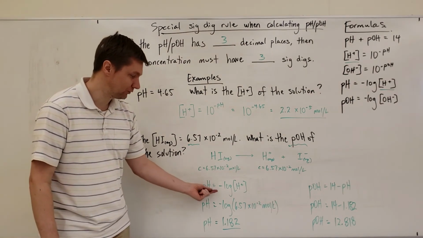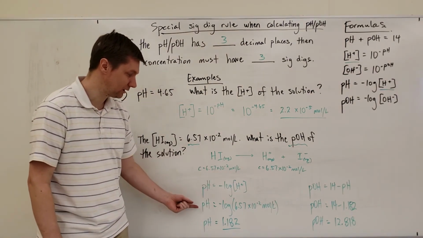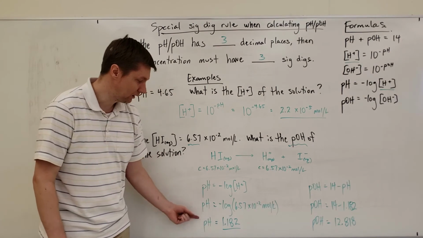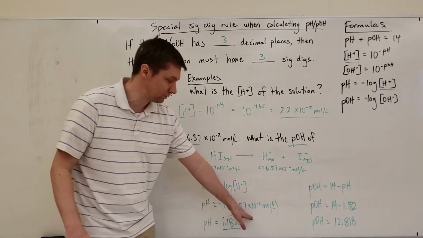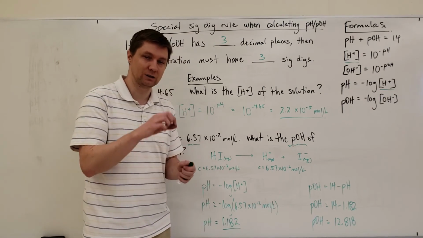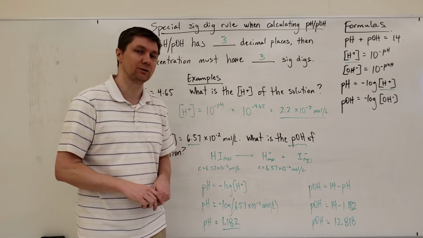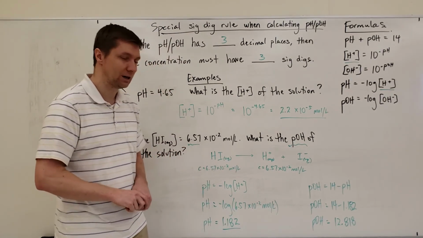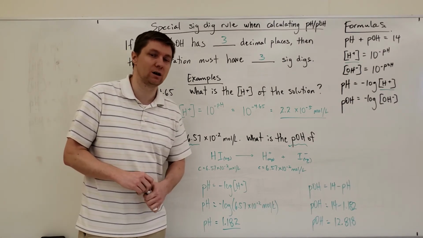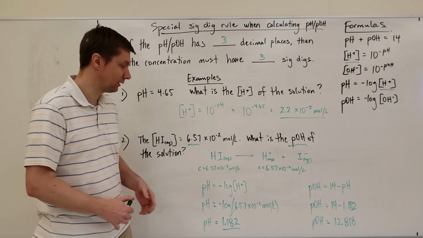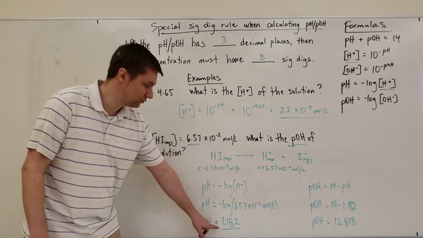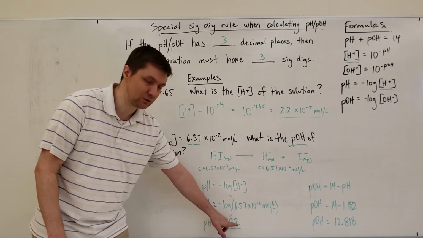My pH is equal to the negative log of the H+ ion concentration. I plug those numbers in, negative log of this number. Make sure that when you're entering these numbers in your calculator, you're using the EE button so that you're properly calculating scientific notation without causing yourself any grief and getting wrong answers. Do that in your calculator, and you should end up with 1.182.